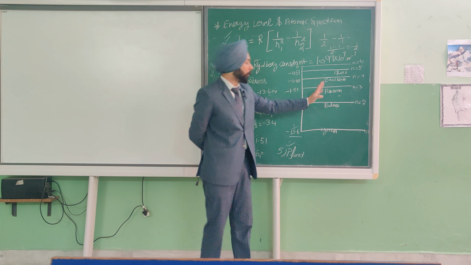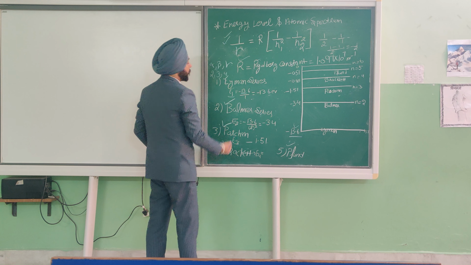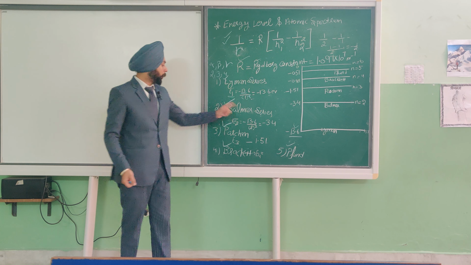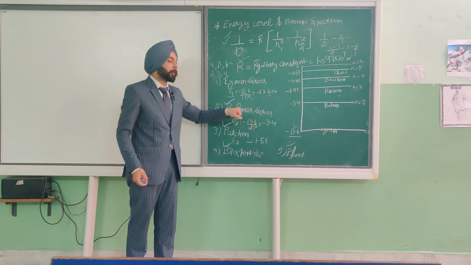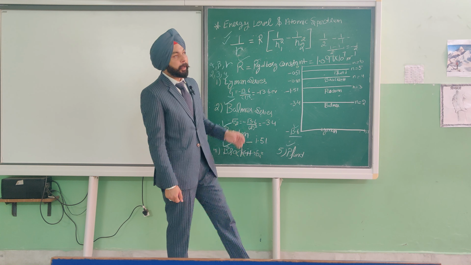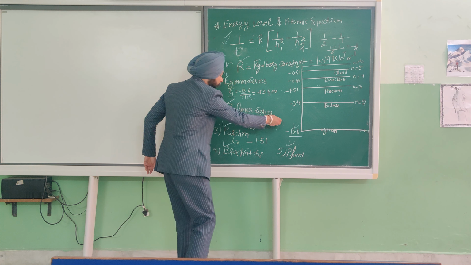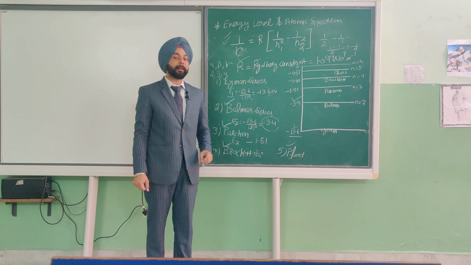When n is equal to 2, using minus 13.6 upon n square, with 2 square, we find the value is minus 3.4 electron volt.